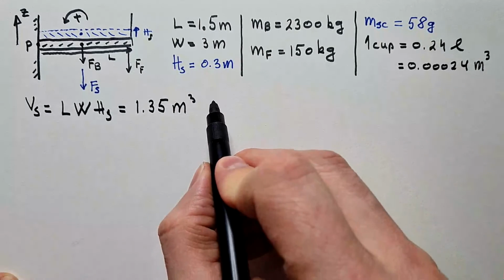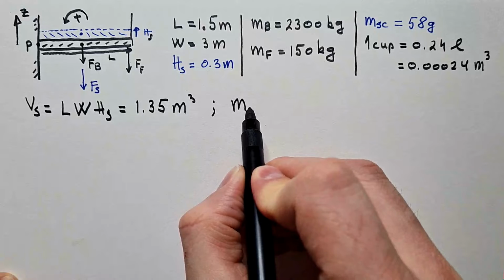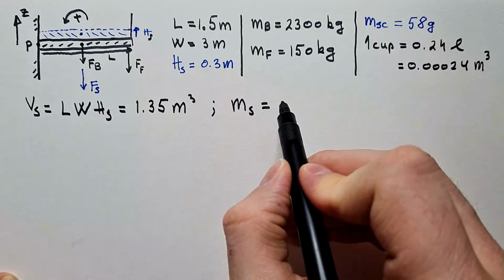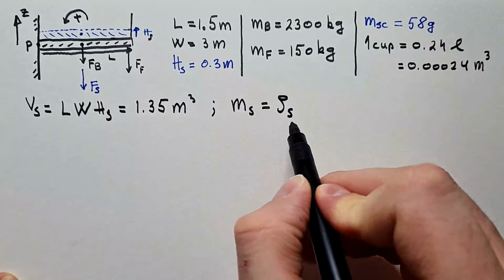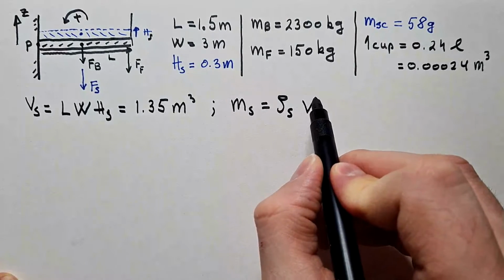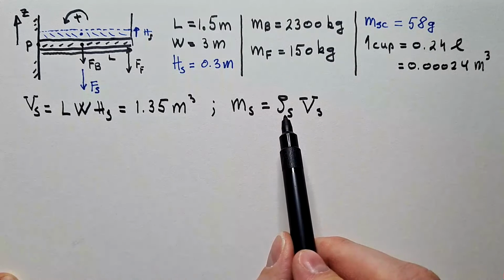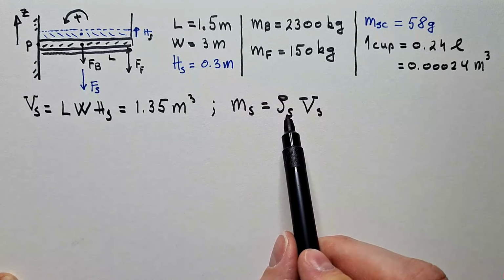Now we can go ahead and calculate the mass of the snow on the balcony to be the density of the snow times the volume of the snow. But I do not know the density of the snow yet.